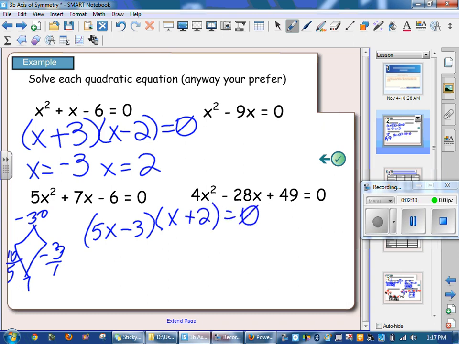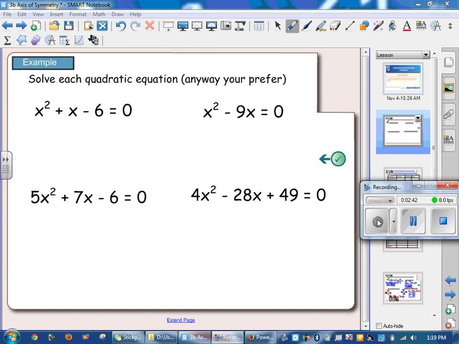So x is going to be equal to 3 over 5, which is 0.6, and x equals negative 2. Okay, so 3 over 5 or negative 2. Again, 3 over 5 is 0.6. So that's the first two on the left.